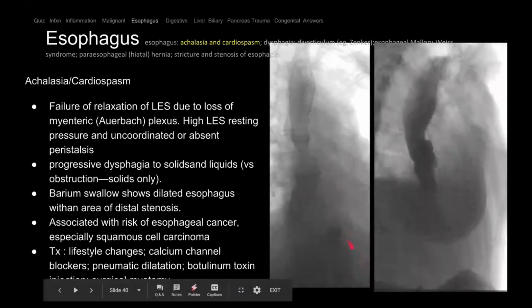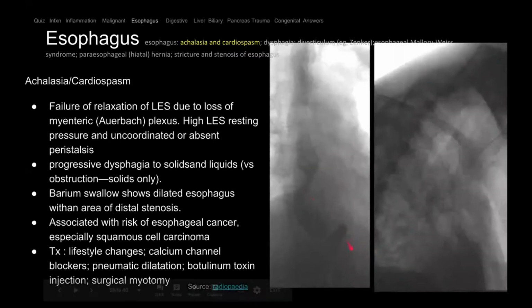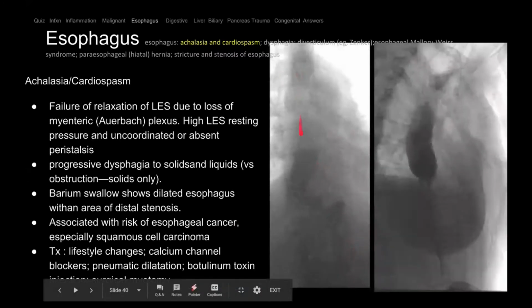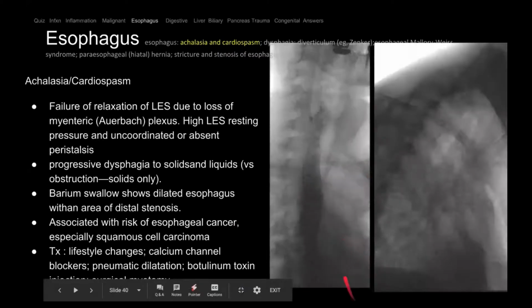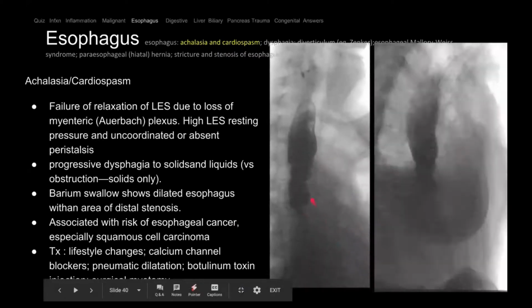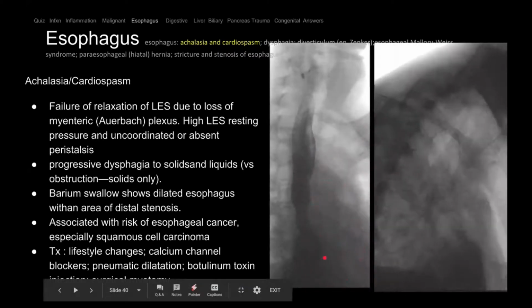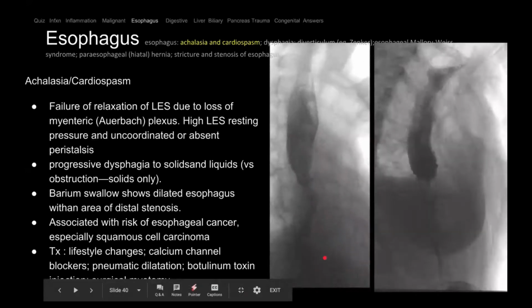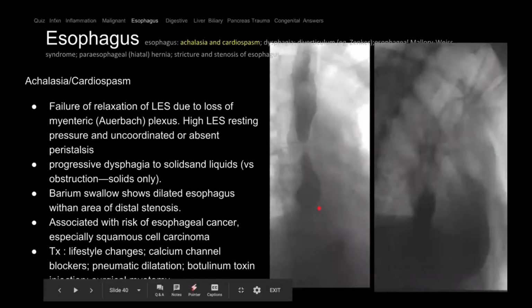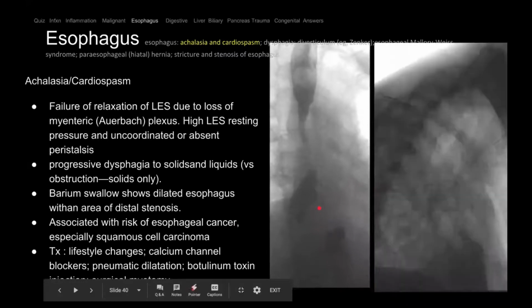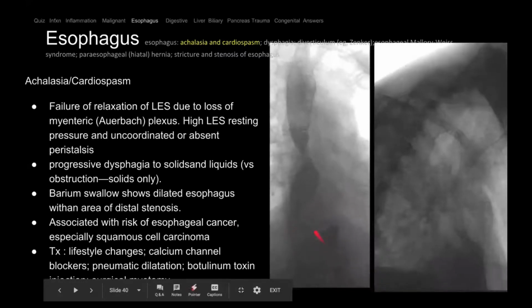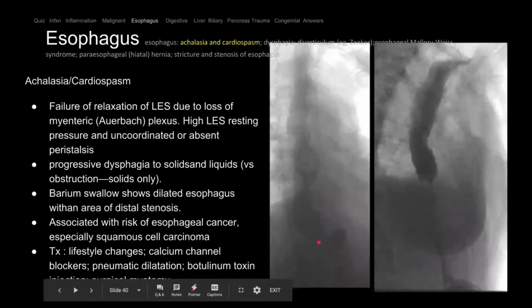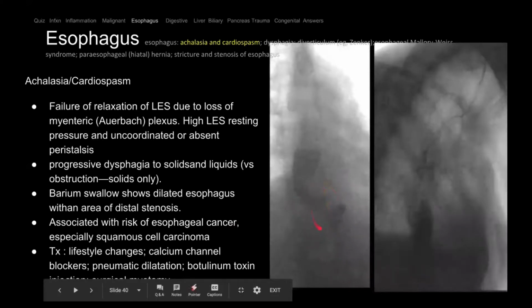So the only way for the fluid to pass is when the pressure in the esophagus exceeds the pressure of the GE junction, the lower esophageal sphincter. There's primary and secondary achalasia. Primary is from, we don't know what, but secondary is from Chagas. There's a lot of different causes. But the way you treat it is with a myotomy. So you cut the muscle to relax it. And that can be done endoscopically or surgically.